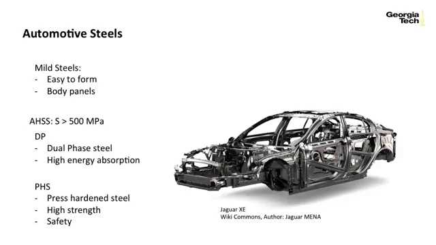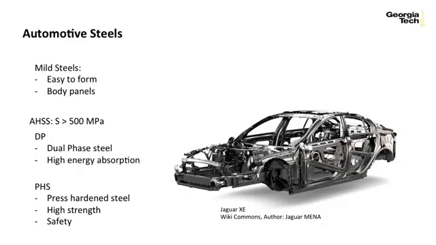These very specialized steels are utilized in the automotive industry. For example, dual-phase steels are steels that are developed to absorb high amounts of energy. They have incredibly high energy absorption, and they're used in the crumple zones of automobiles, whereas press-hardened steels, called PHS steels, have very high strengths.